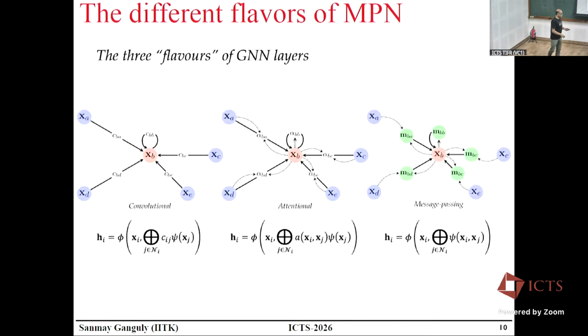Okay. Depending on the kind of operations you're doing, there are, in general, 3 broad classes of graph neural networks on the market.